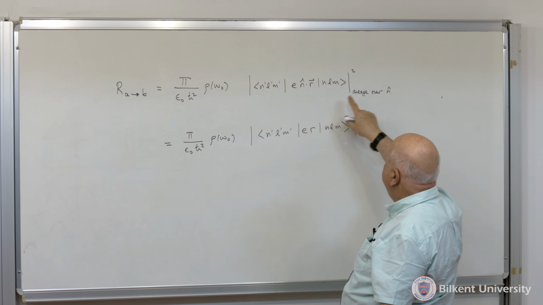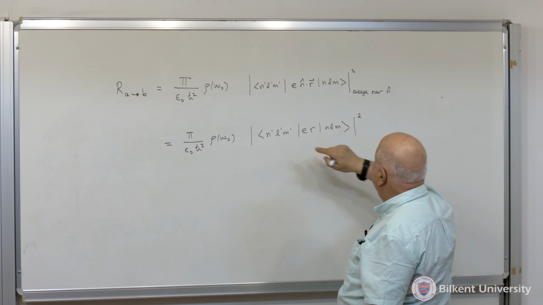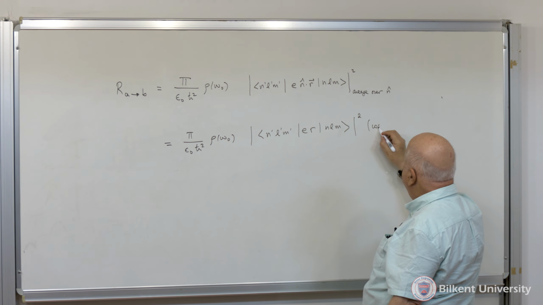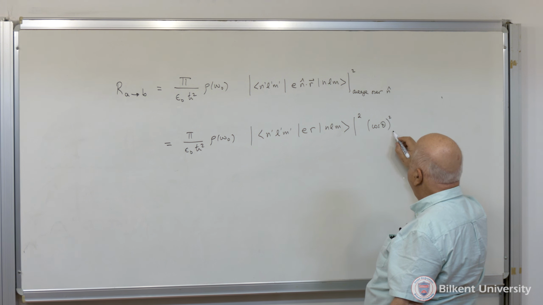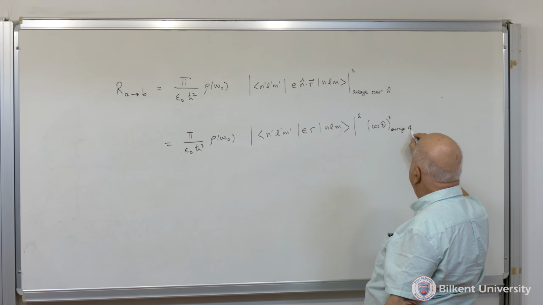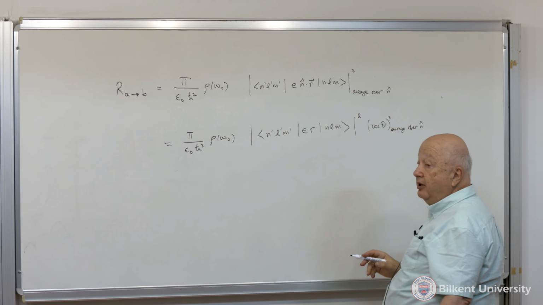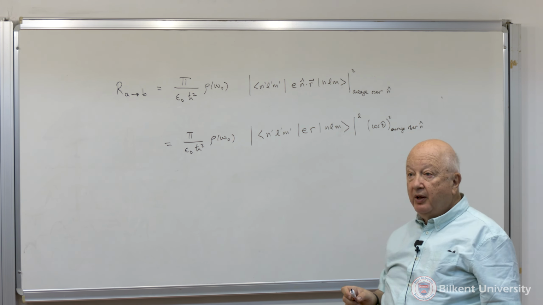So the averaging over n is really going to be an average of cosine theta squared, over all directions that n can be coming from.